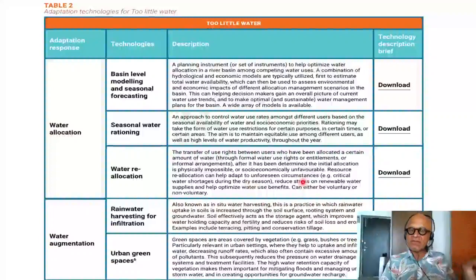This played out again between Karnataka and Tamil Nadu, where the sharing agreements are made, but during a drought these have to be again reconsidered. Okay, resource reallocation can help adapt to unforeseen circumstances like critical water shortage during the dry season, reduce stress on renewable water supplies, and help optimize water use benefits. Can either be voluntary or non-voluntary.